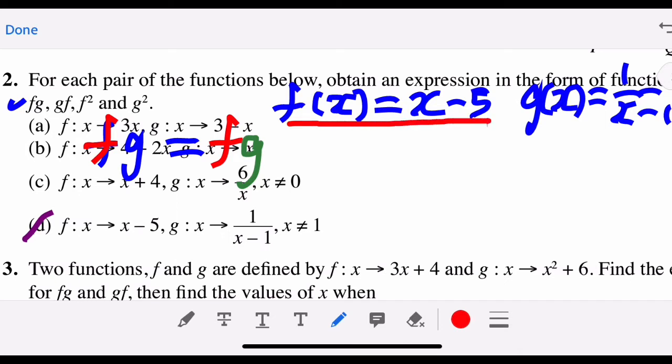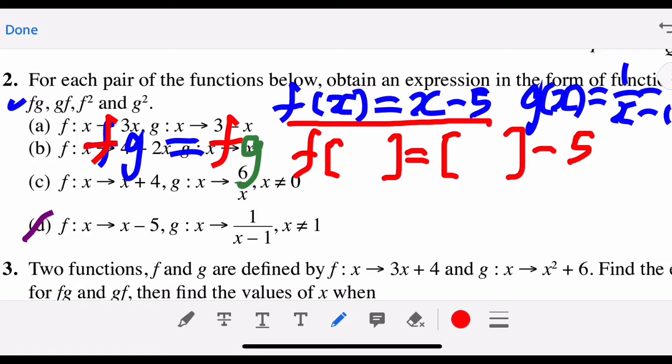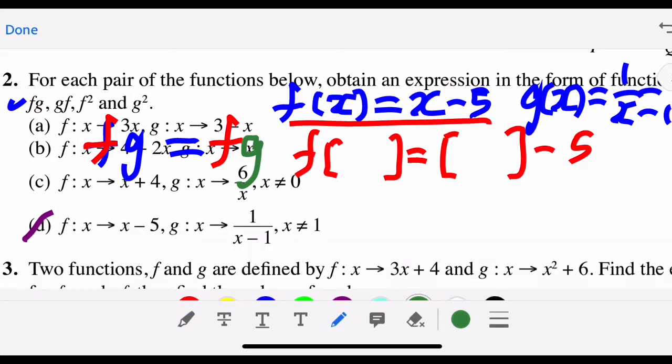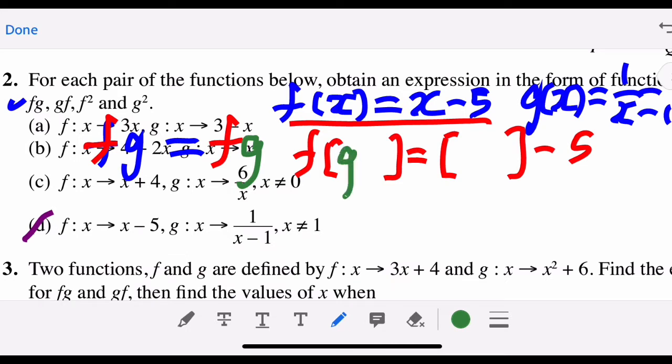Then you leave it empty for the x, because x is the object, which is going to be replaced by g, right? Okay, so here you write g(x), and here you will substitute the g.